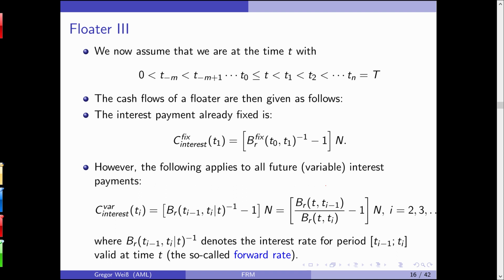So we are agreeing on an interest rate for capital that is being given in the future over a certain amount of time. And this is the forward rate here, f(ti-1, ti), conditional on the time t. Again, we are extracting the interest rate from the discount factor.